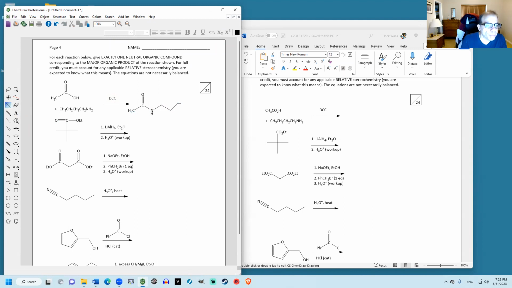Looks like there's a butyl group attached. So that's the answer to the first one. DCC brings together a carboxylic acid and an amine to make an amide. So you need to know what an amide is in order to be able to get a question like that right. DCC is also used in peptide synthesis.